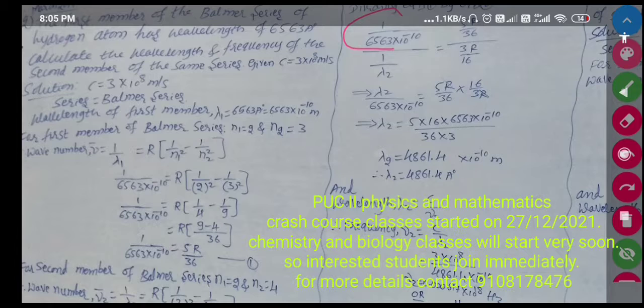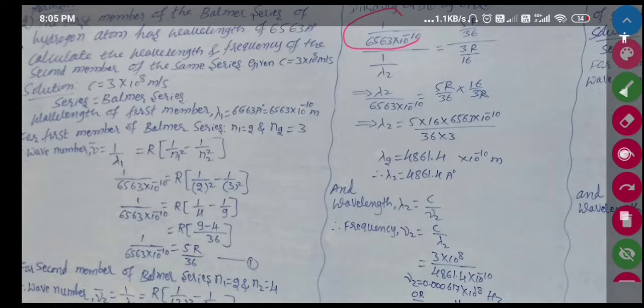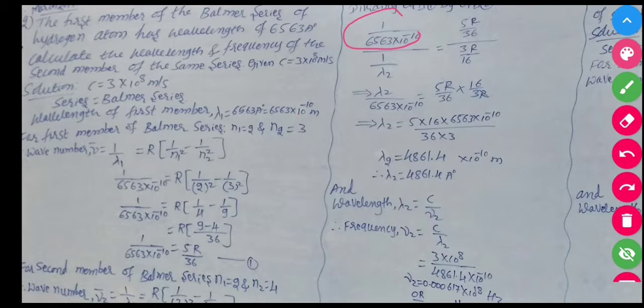Whatever equation 1 we have, that is 1 by 6563 into 10 raised to minus 10, written here.